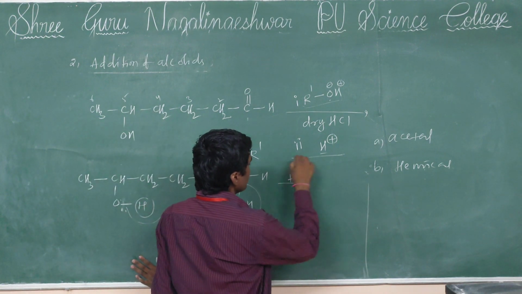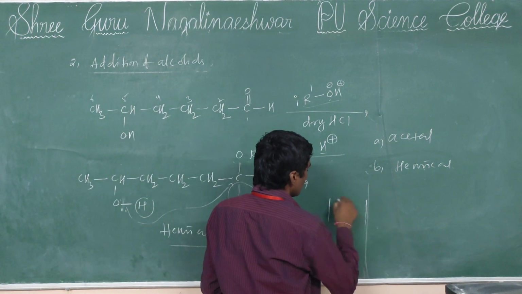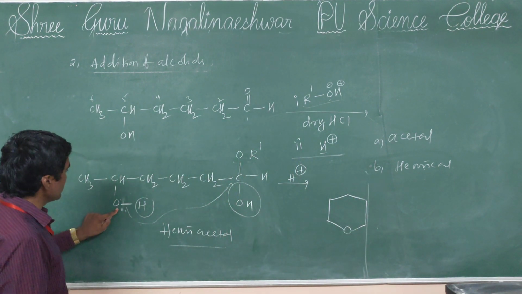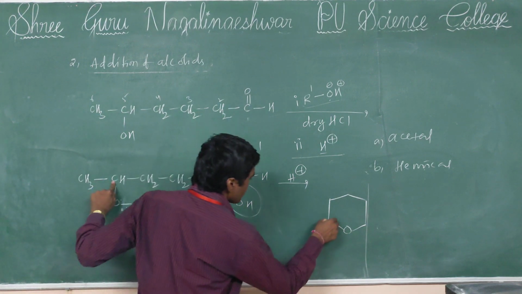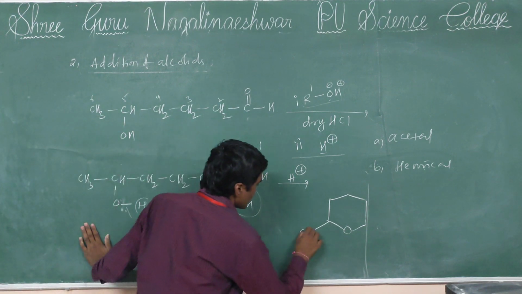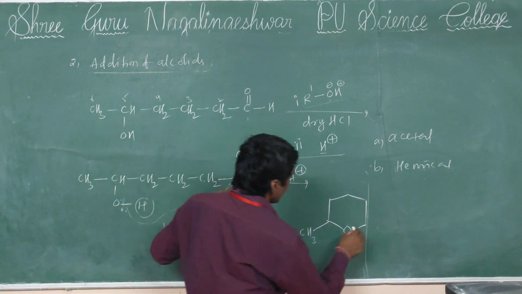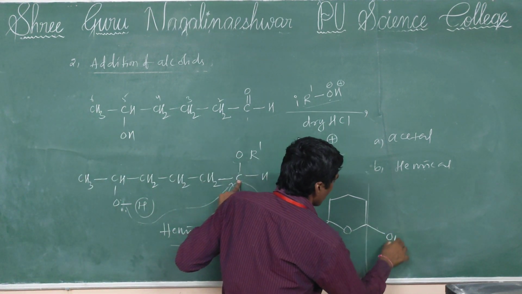The reaction is with H plus. Then you write the six-membered ring with one oxygen inside, the oxygen adjacent to a carbon. Here on the left side a CH3 group is there, and the oxygen is attached to the carbon, with OR dash on the right side.